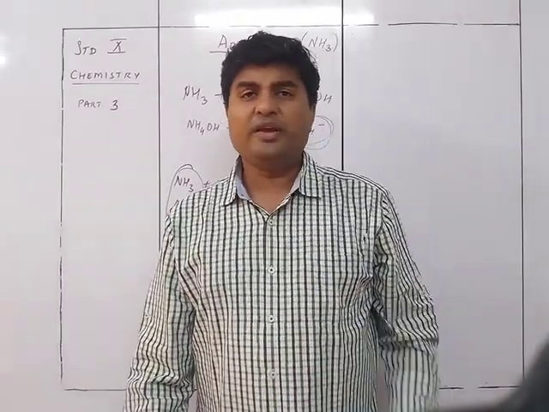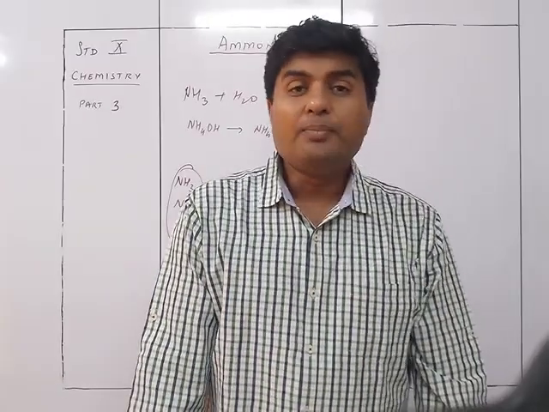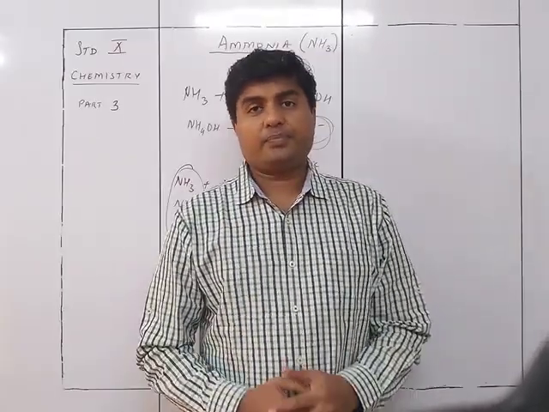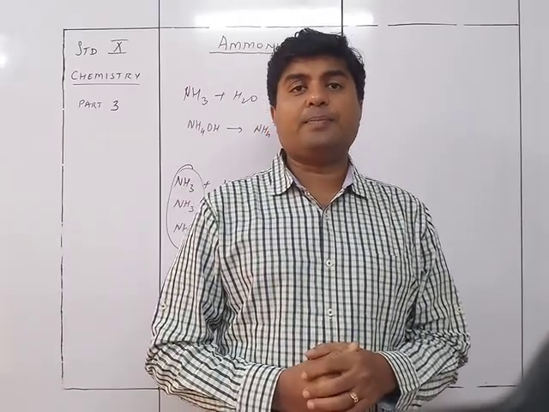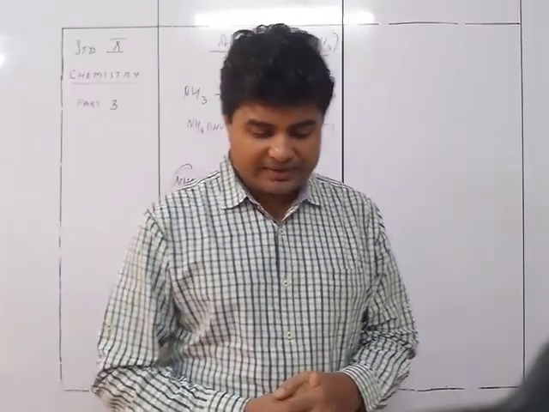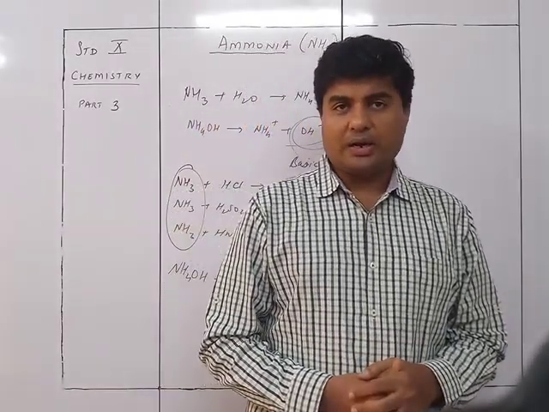So this is a very important part of the chapter. Ammonium hydroxide reacts with salts other than potassium and sodium, because potassium and sodium salts will not give you a colored outcome.